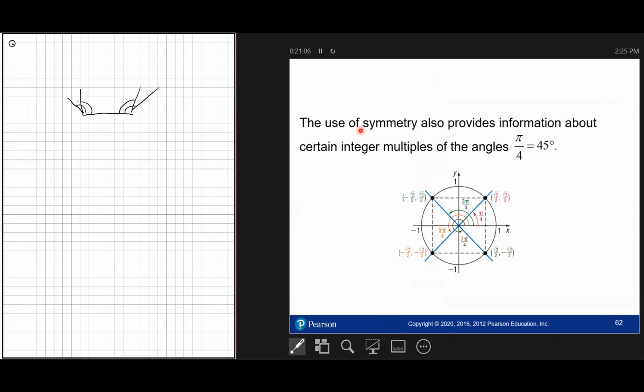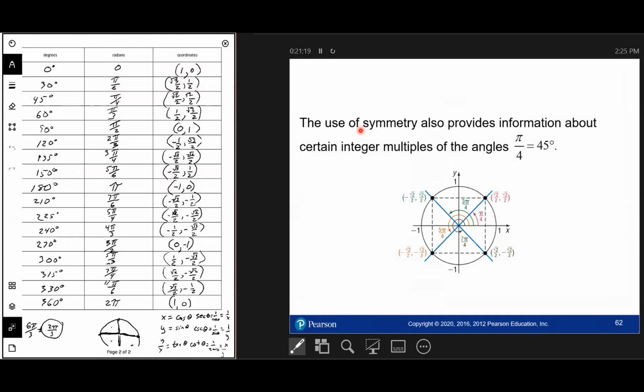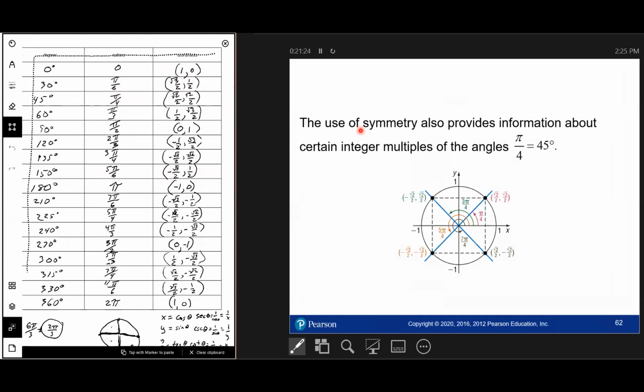Okay, now we talk about the symmetry that I had spoken about. Let me go back to this.